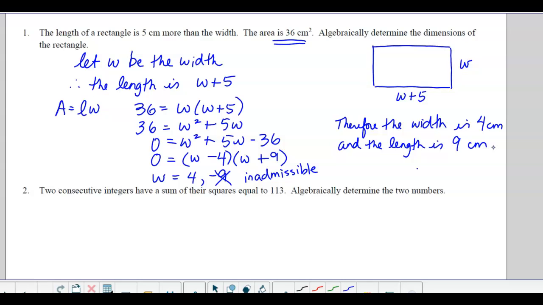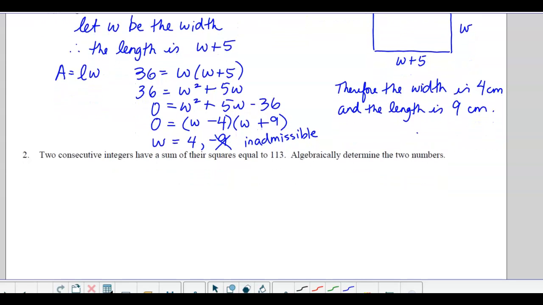So: let statement, equation, solve the equation algebraically, statement answer with units. That's a popular type of question, an area question. We'll do another variation on area in a minute or two.